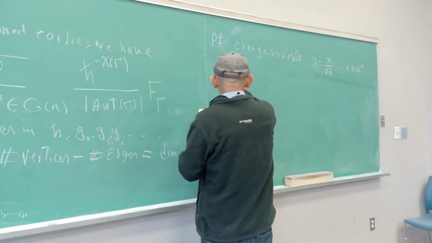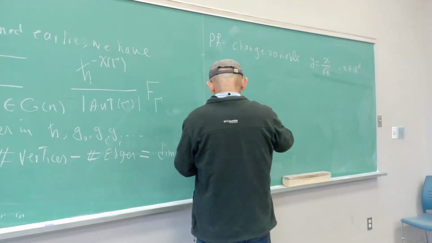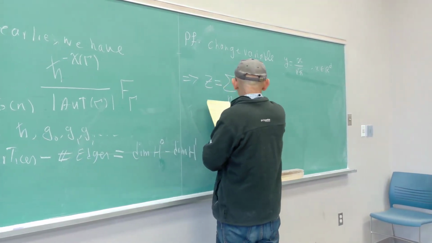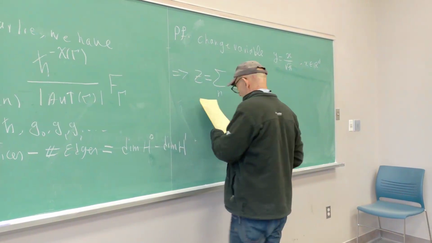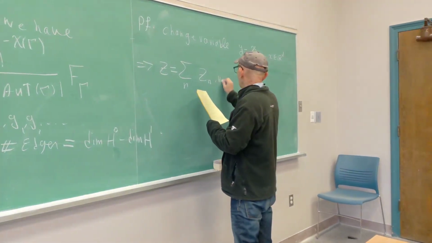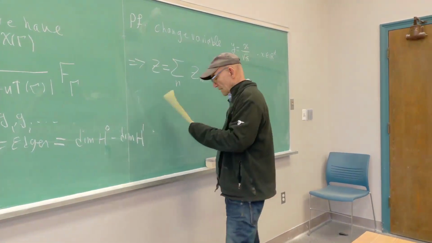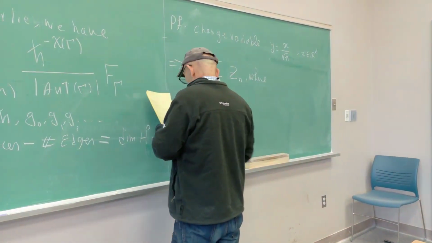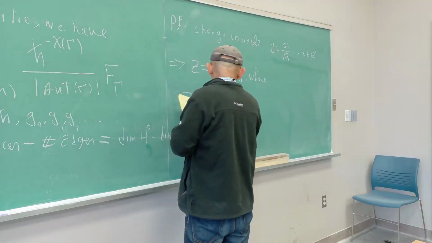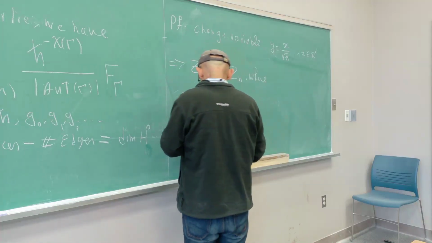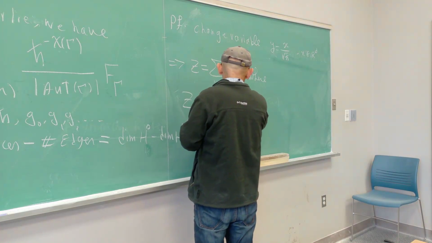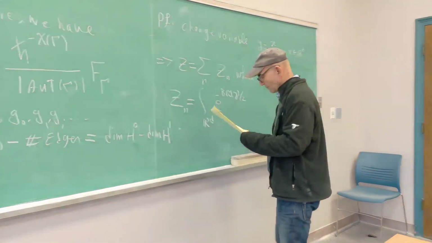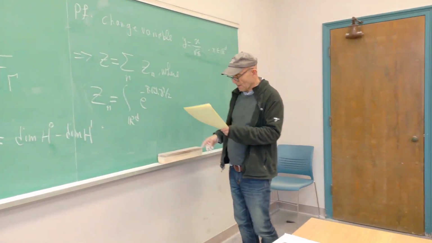So this gives us an expression of the form Z equals the sum over n of Zn, where this Zn now is equal to the integral over R^d of exponential of minus b(y,y) over 2, a quadratic form with the same coefficient.